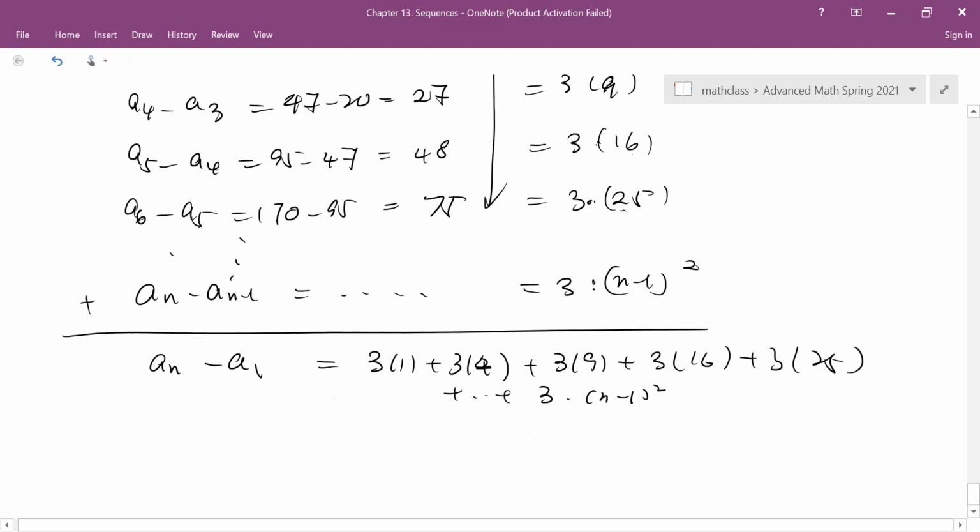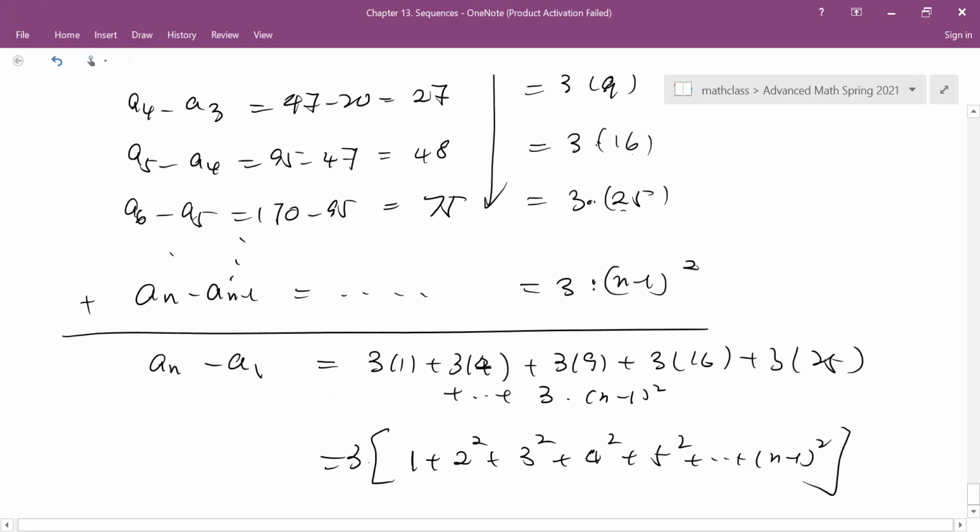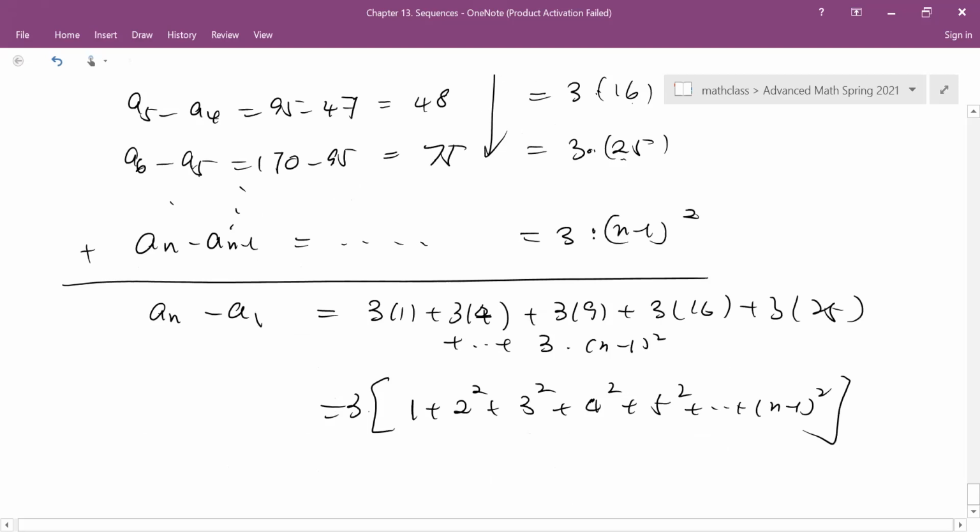Those are the sum of perfect squares. So you take 3 out, you get 1, 2 squared, 3 squared, 4 squared, 5 squared, and (n minus 1) squared. Now, are you able to combine them? If you cannot combine them, just leave it like that, okay? But you get specific numbers, right?